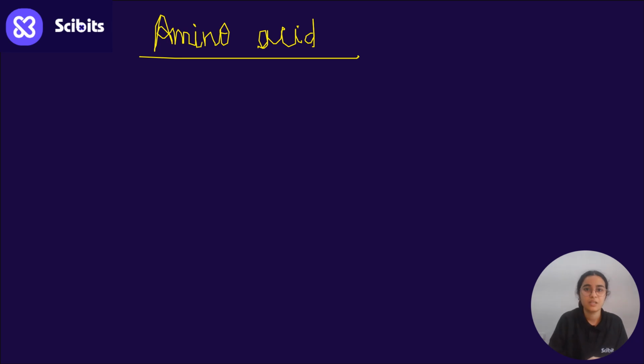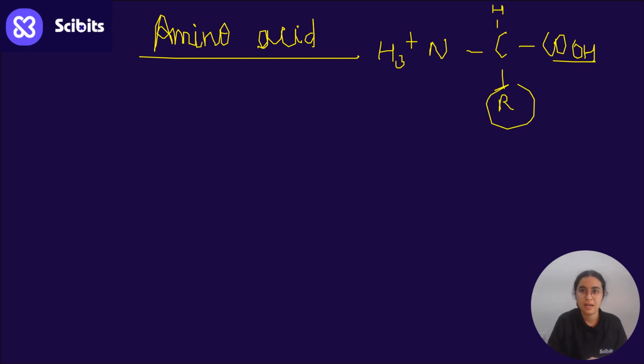Okay. Now I would like to proceed to amino acids because it is most commonly asked. So the general structure of an amino acid has a carboxylic group, an amino group, a hydrogen, and an R group.